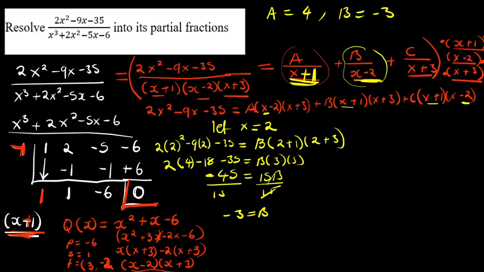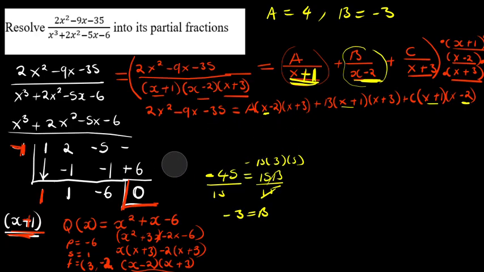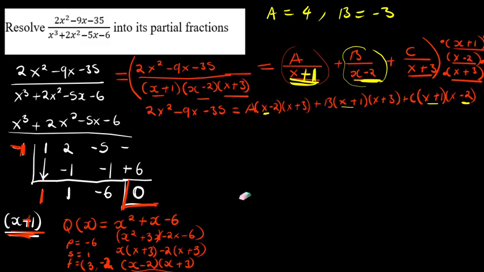Let me calculate C. So on C, when we are calculating the value of C, how do we calculate it in that situation? We calculate it like this. The opposite of this part is what? So I'll say let x equal to negative 3. So wherever there's x, I'll put negative 3.